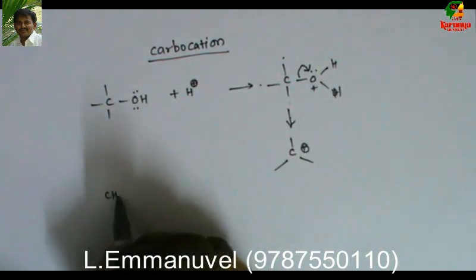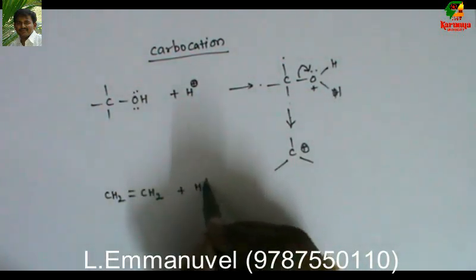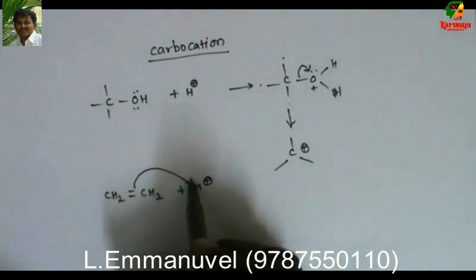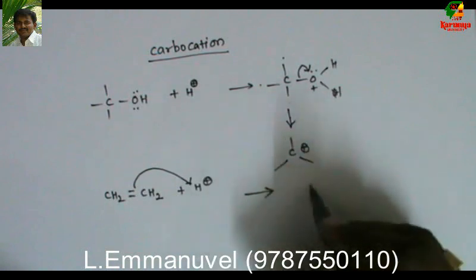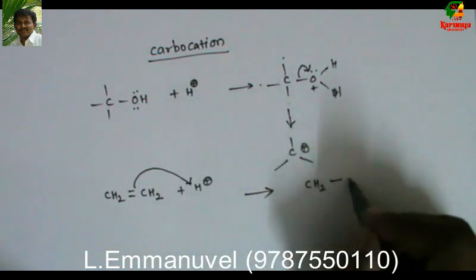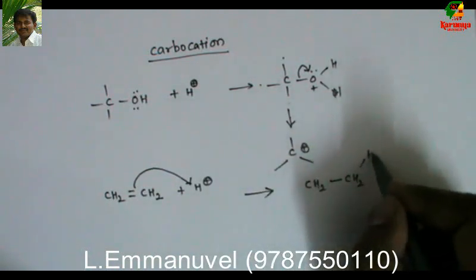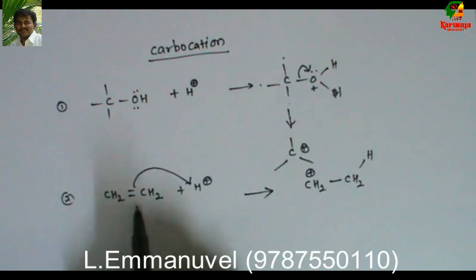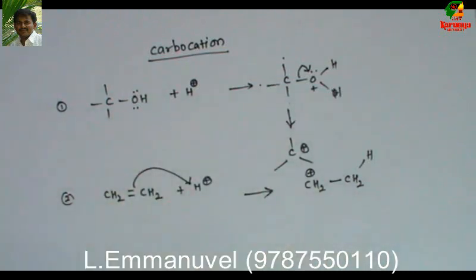Second one, if you add H plus to an alkene, then the double bond attacks here, and what we get is this carbocation. So this is the second method. When you go for a symmetrical alkene, there is no problem.